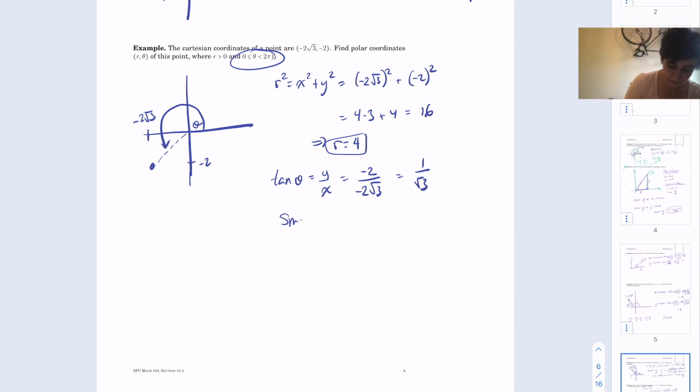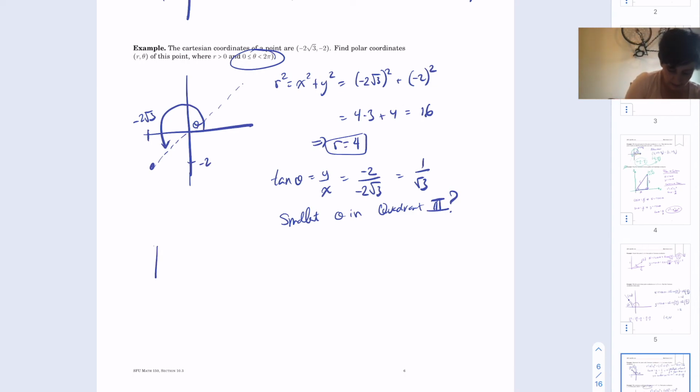So smallest theta, it's in quadrant 3. Okay. We know tangent is slope, right? And so there are absolutely coordinates that give us this in the first quadrant, okay? So it's something to be on the watch for.